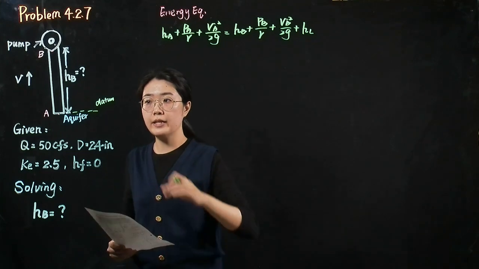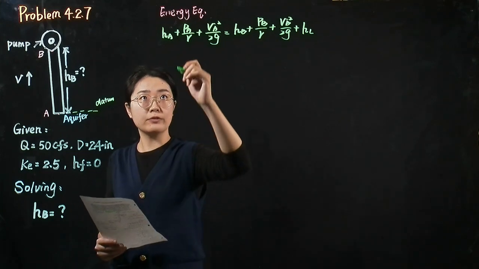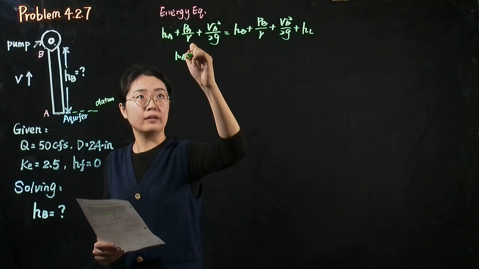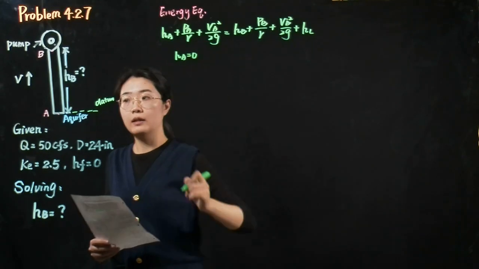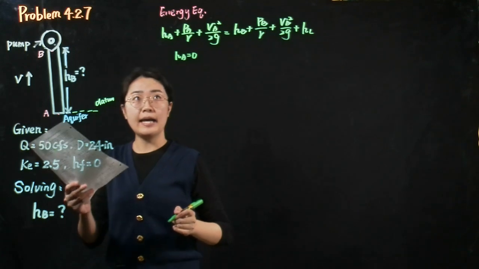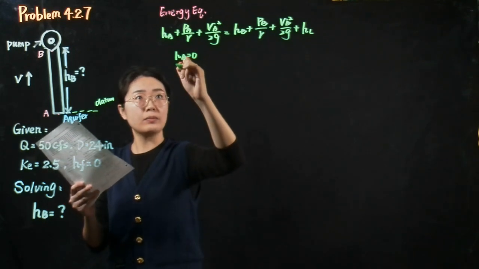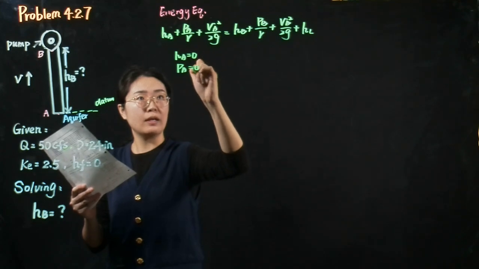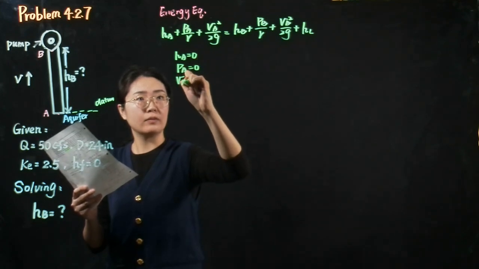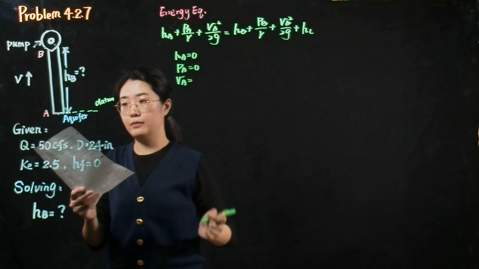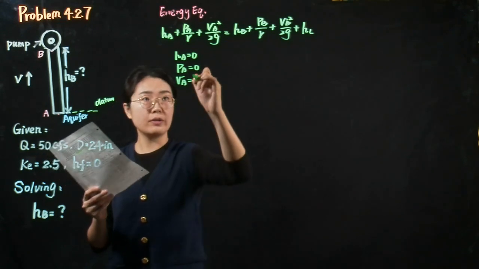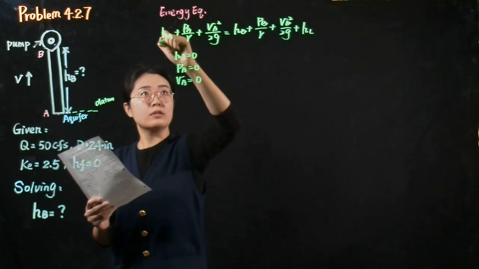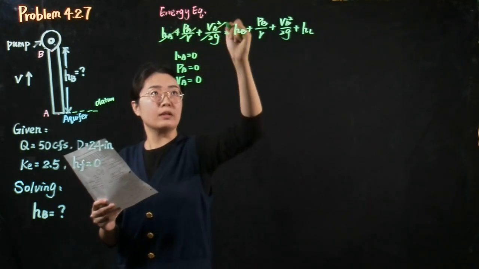And because the datum is at the surface of the aquifer, HA equals 0. At point A, we assume the pressure equals 0, and the velocity at the surface of the aquifer also equals 0. Then these three terms can be cancelled.